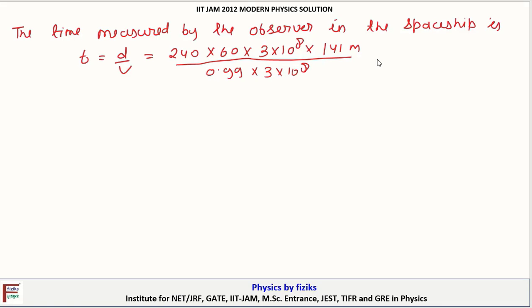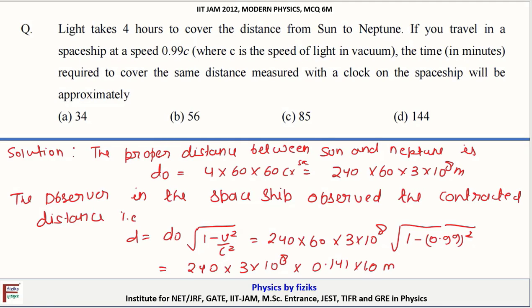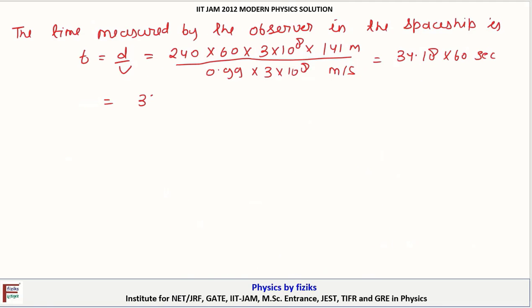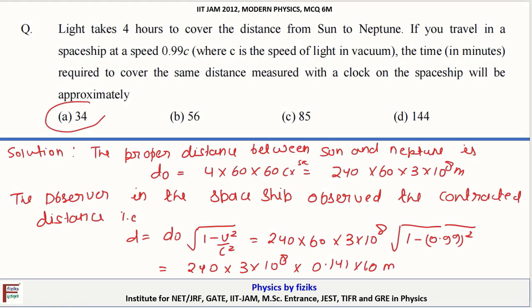And this value turns out to be 34.18 into 60 seconds. Let us check the approximate 34 minutes. So our answer is option A.